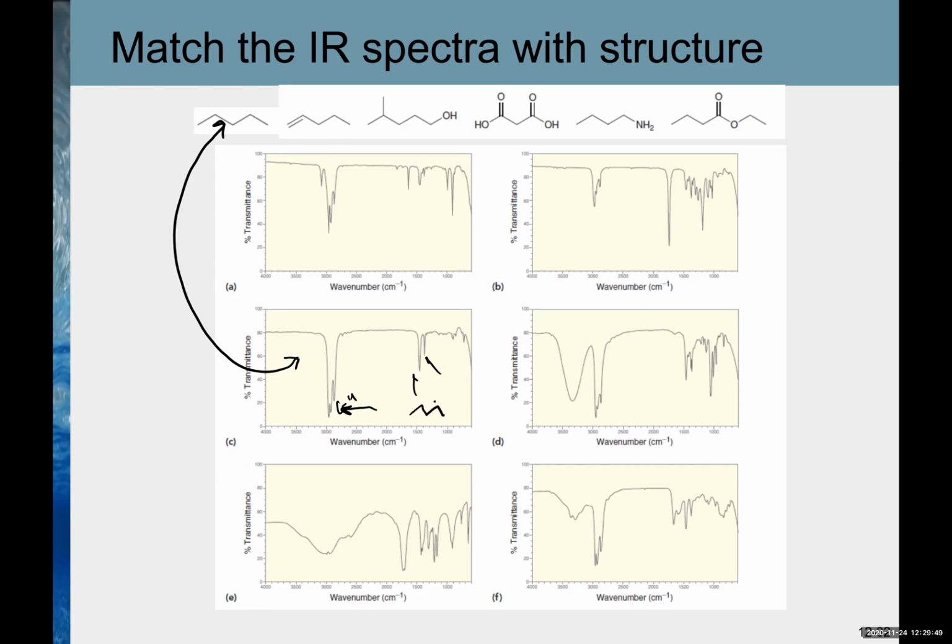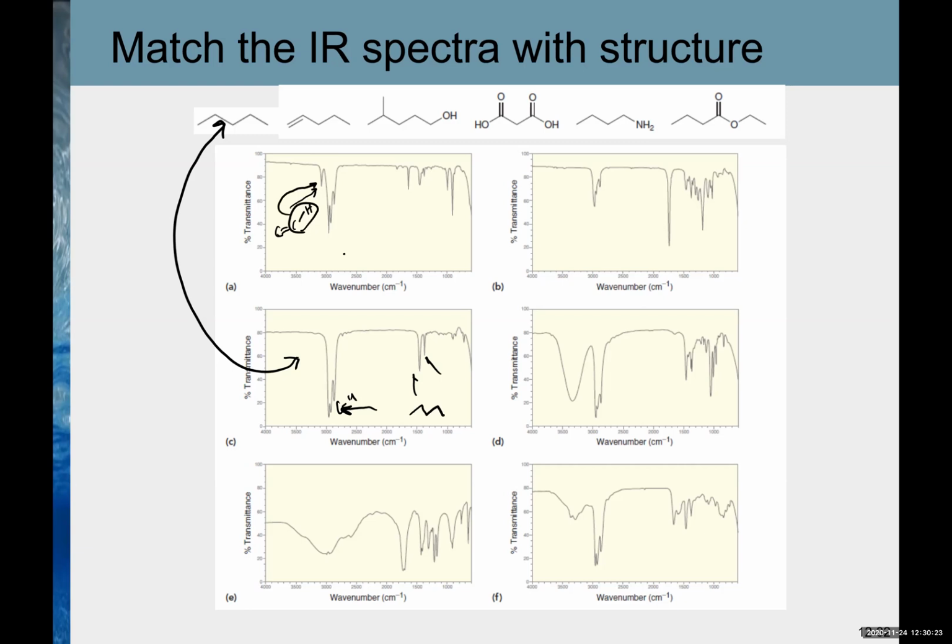5 more to go. Shouldn't A belong to the alkene? A belongs to the alkene. And what was the key factor which led you to decide? It has that initial dip before hitting the CH stretching. This one? Yeah. And that is right. So this one is the C double bond C stretching. So that peak is here.